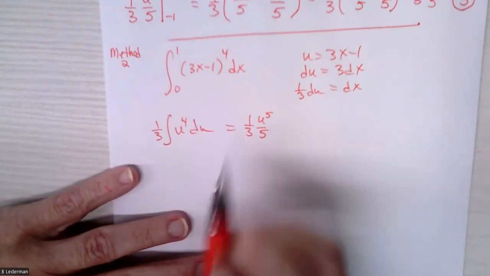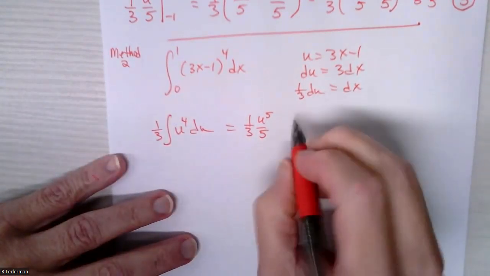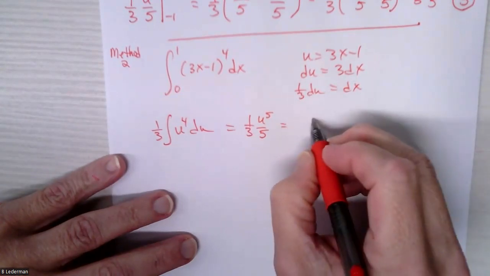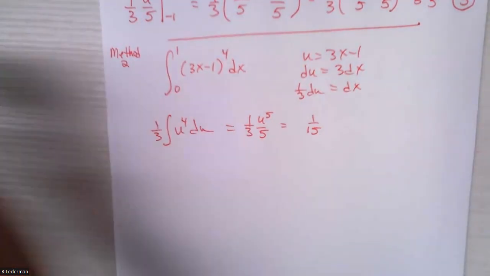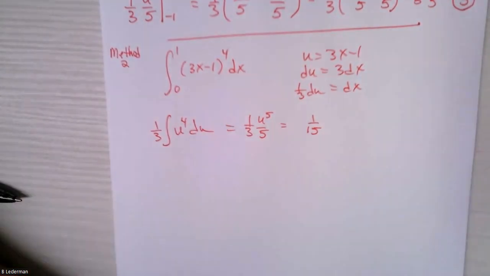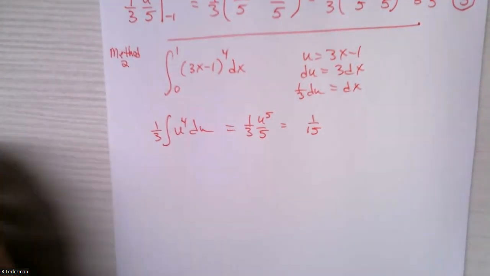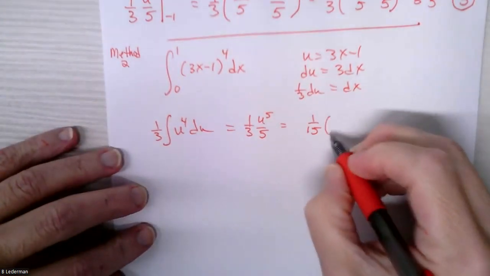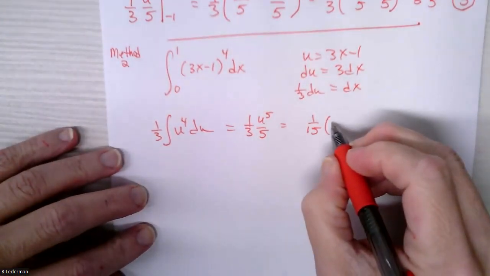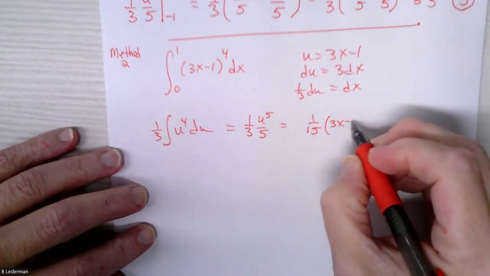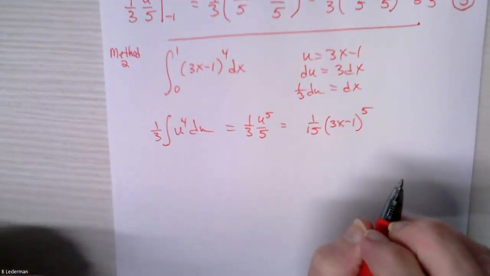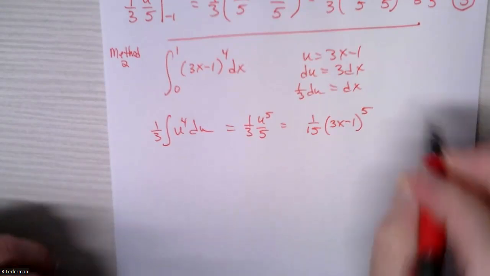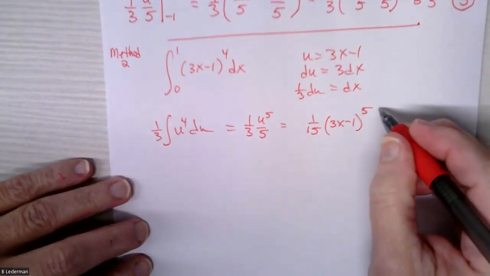So what I'm going to do at this point is back substitute. This is equal to 1/15th times 3x minus 1 to the fifth. And now we're going to evaluate.